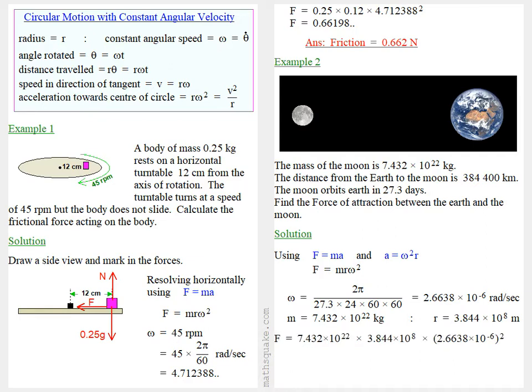So, substituting into the equation F equals mr omega squared, we have F equals 7.432 times 10 to the 22 times 3.844 times 10 to the 8 times 2.6638 times 10 to the minus 6 all squared, which works out to be 2.0272 times 10 to the 20. And so the force is 2.027 times 10 to the 20 newtons.